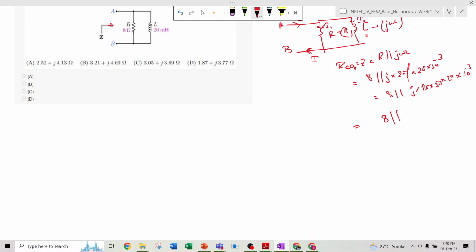So I am calculating this thing, 8 into j into 100 pi into 20 into 10 to the power minus 3, and this part cancels out, so 8 parallel with j 2 pi.